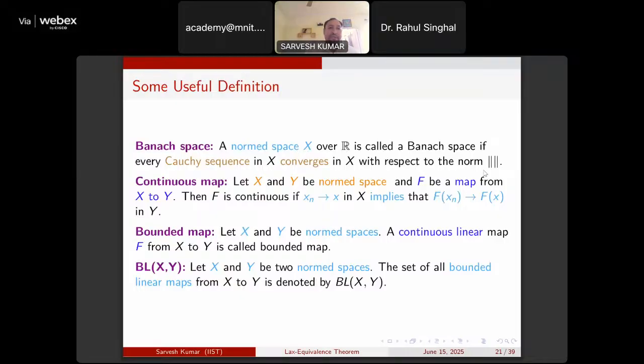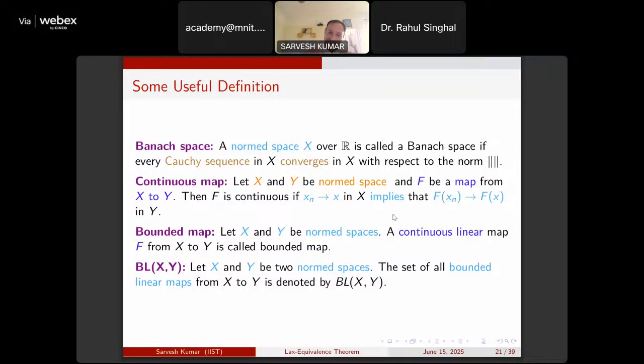Actually, we also use this in differential equations once you go numeric. Like u_h, it's nothing but a sequence, for h1, h2, hn it becomes a sequence, right? So when h tends to 0, this also must have its limit in the space. And a continuous map means, suppose x and y are two spaces, if xn converges to x, then f of xn should converge to f of x in y.